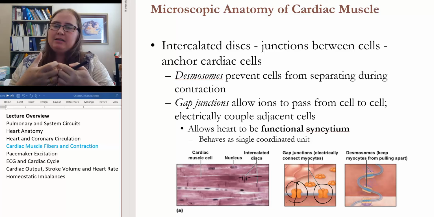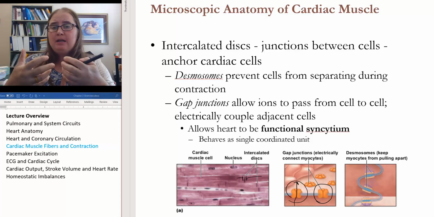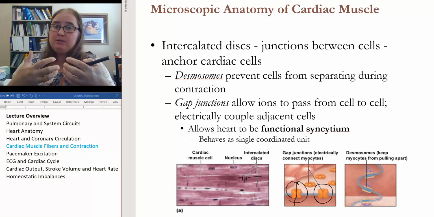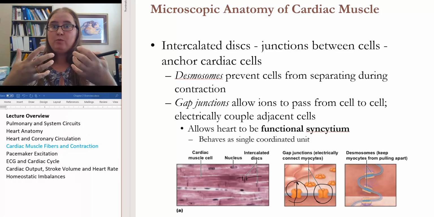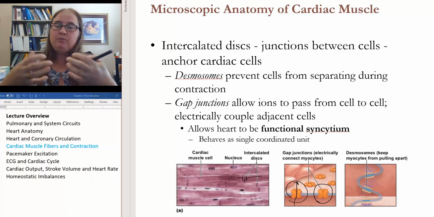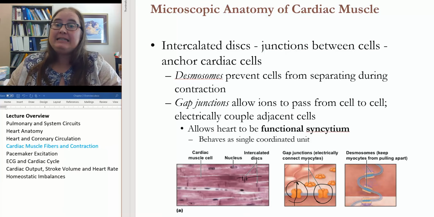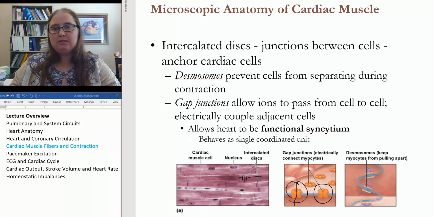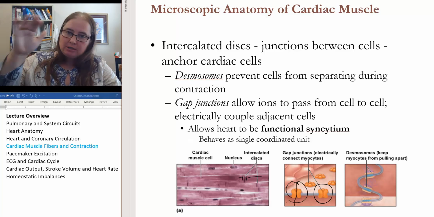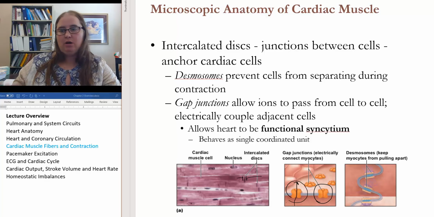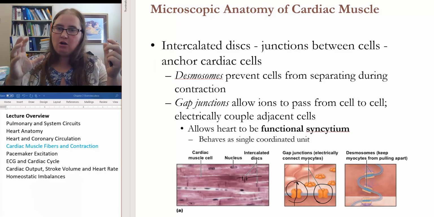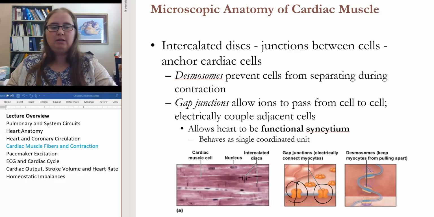Unlike skeletal muscle, where we have recruitment based on the size principle and demand, we want the heart to all beat at once and then relax at once. So we really need it to behave like a single coordinated unit, unlike our skeletal muscle, where if we want to gently rub the head of a child, we don't want to recruit our large muscles and a huge number of those motor units. The heart's different. It all wants to coordinate as one single unit.